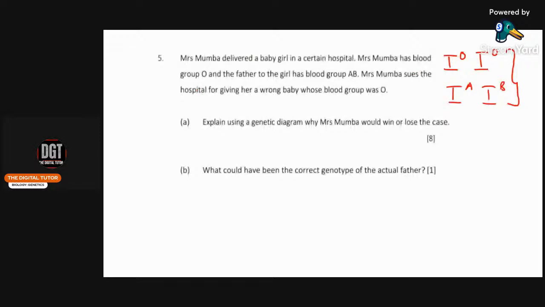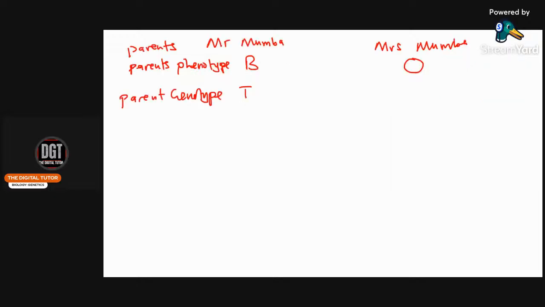AB, the father to the child. So AB, not B. So we're going to say A, that is the genotype, then B. Then for this one, it's going to be O, blood group OO. These are the alleles that you find.